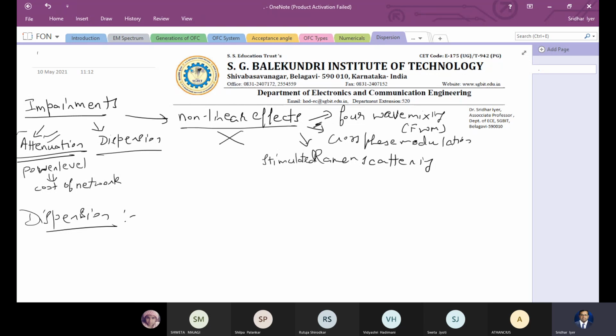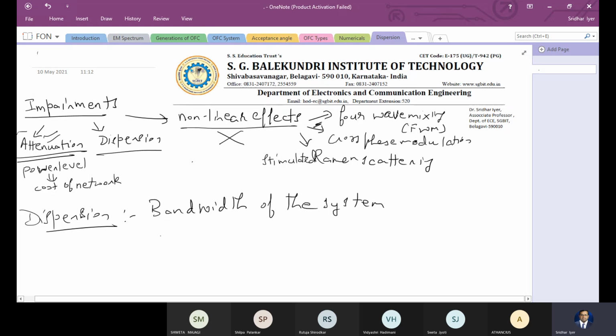So now we'll move to dispersion. So dispersion, as we'll very quickly see, is going to affect the bandwidth of the system. So this dispersion is basically broadening of the light pulses. The broadening of the light pulses with distance as the pulses are going to move ahead.